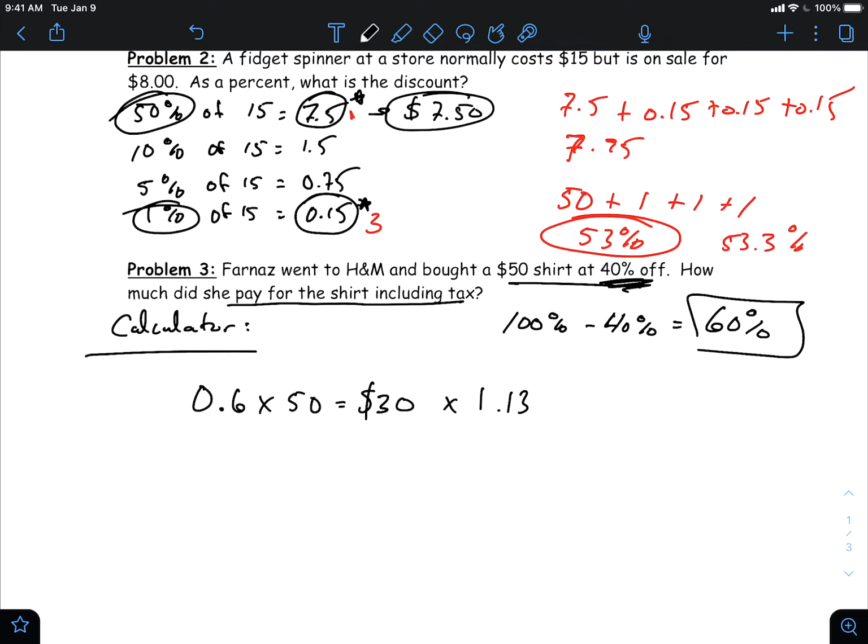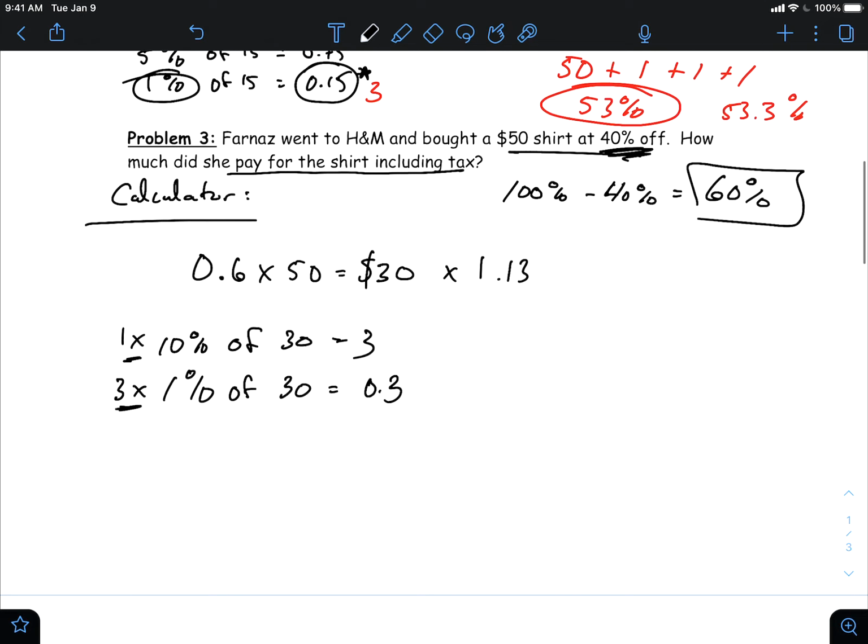Or, if you didn't have a calculator, we could dissect this again. 10% of 30 would equal 3, right? And then 1% of 30 would equal 0.3. If I need 13%, that means I'm going to need 3 of these and 1 of these.